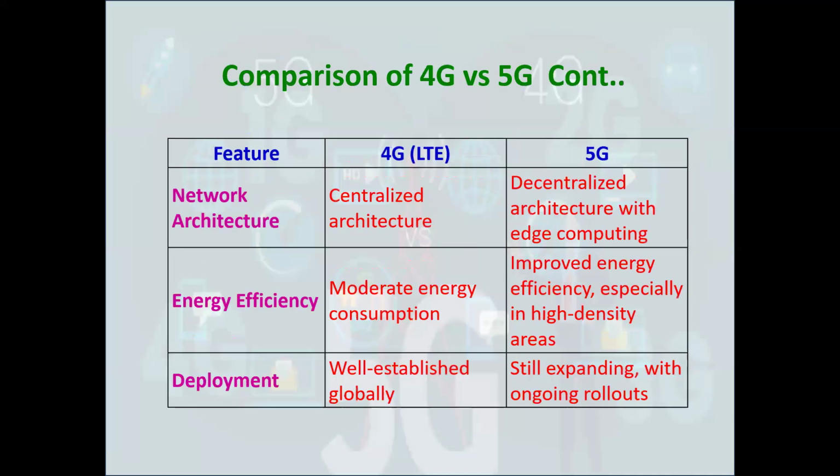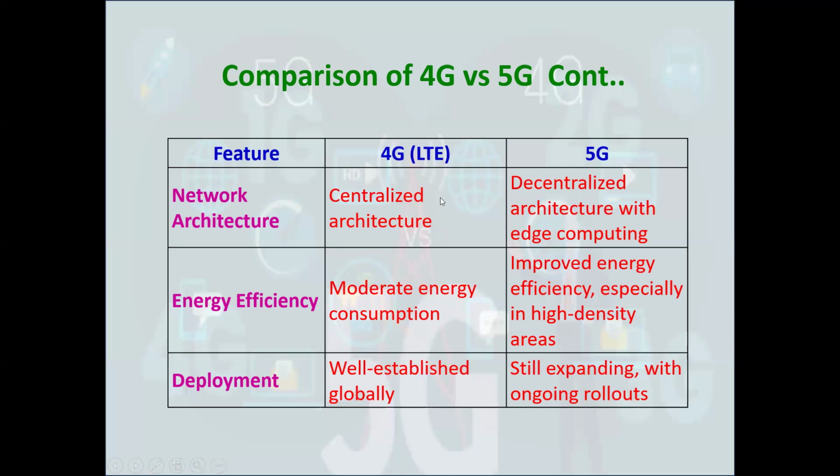So the next feature is the network architecture. First, if you are taking 4G, 4G networks are largely based on cellular architectures with some integration of small cells. This design supports broad coverage, but the drawback is that it may be less efficient in handling high density traffic compared to newer technologies.